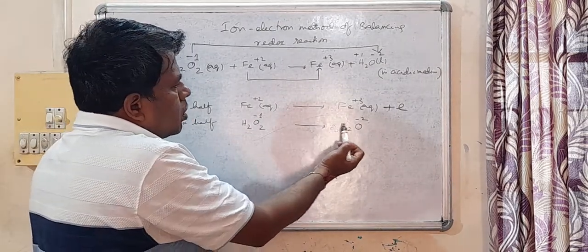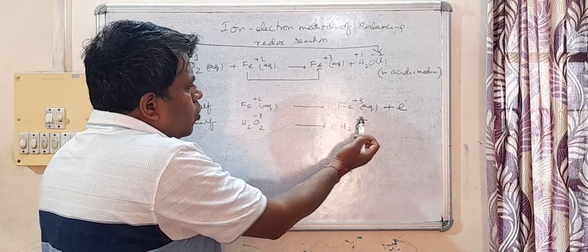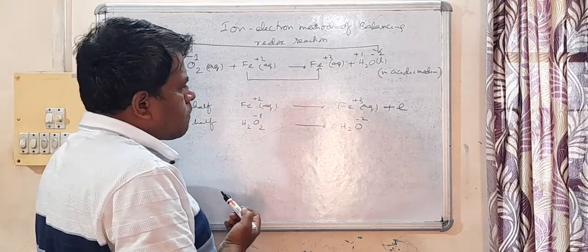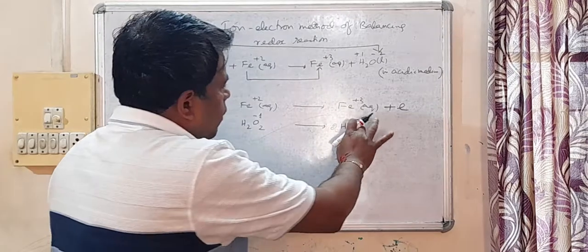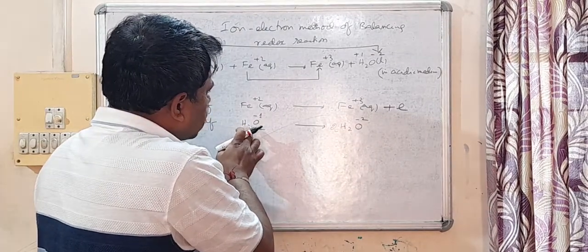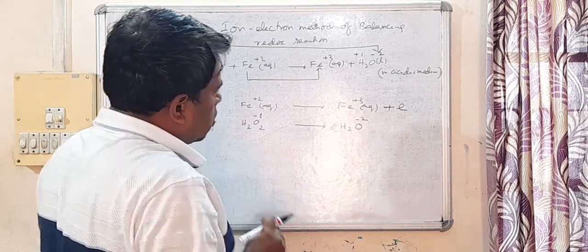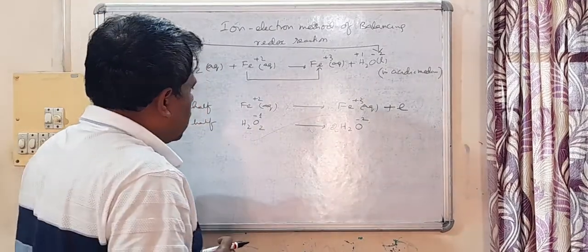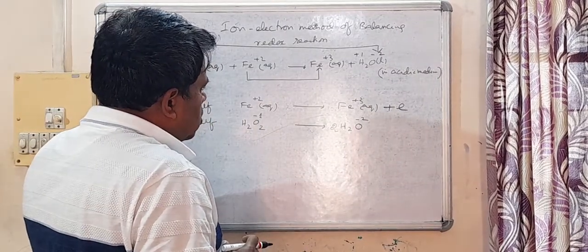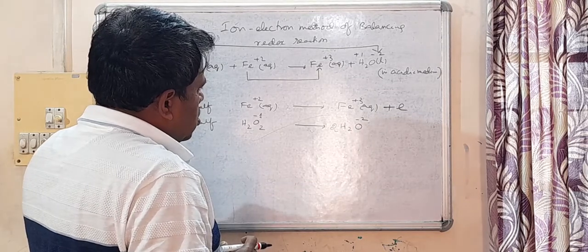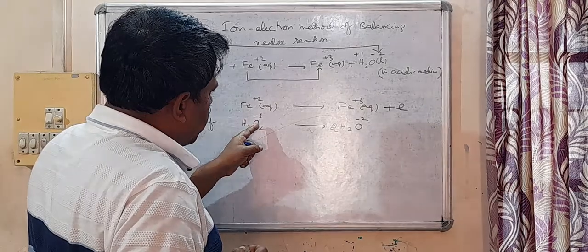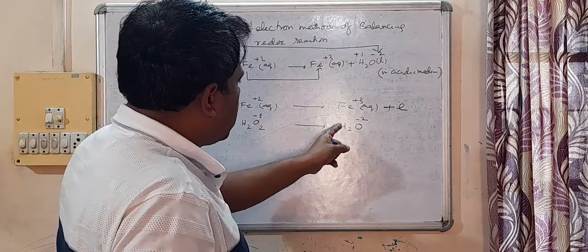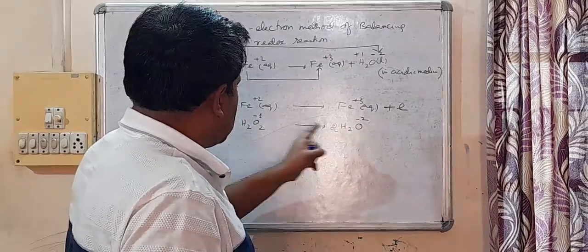what is the charge? This side we have 2 into -2, that is -4 charge. This side we have -2 and -1.